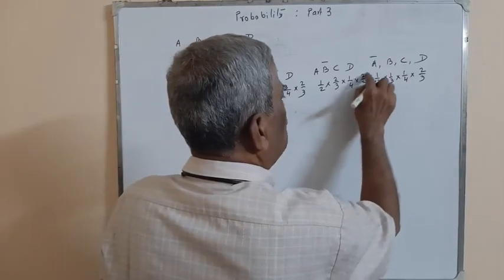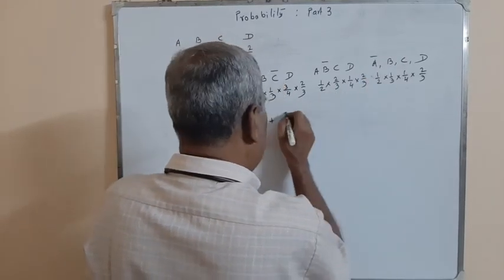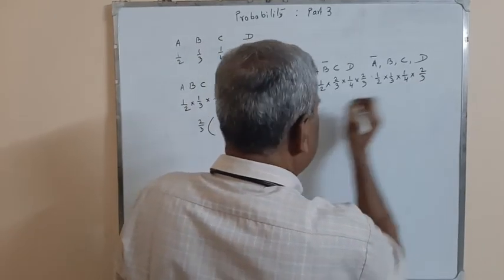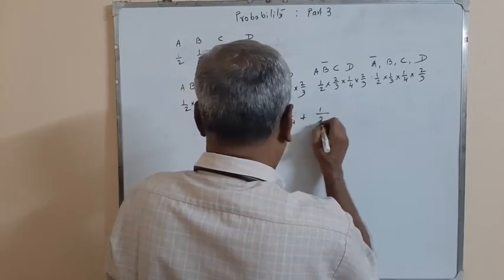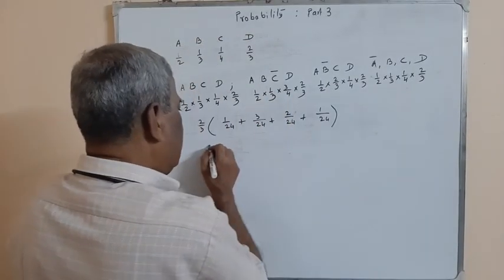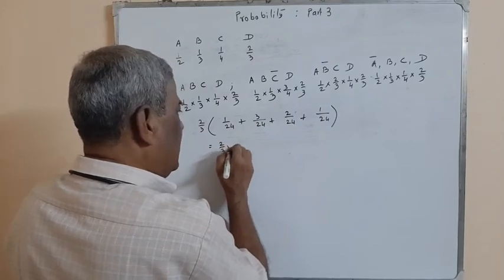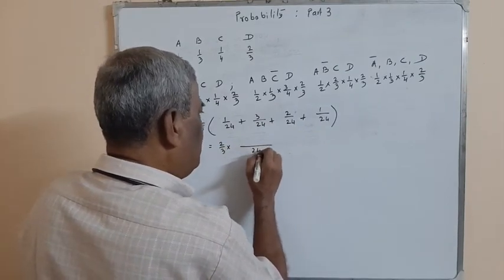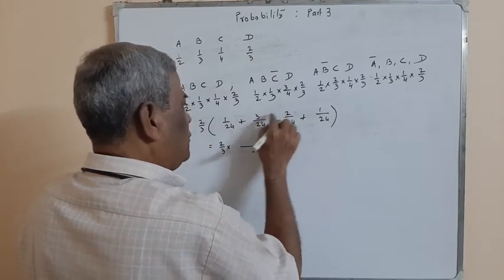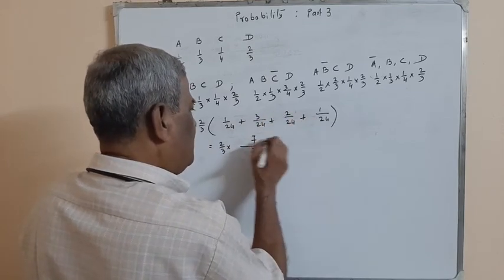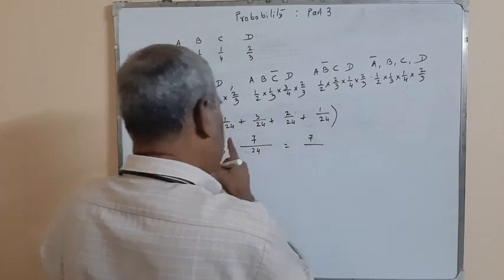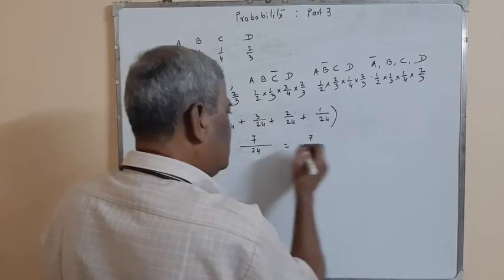This is 2 by 3 into 2 by 24 plus. In that case, it is 1 by 24 multiplied by 2 by 3. So that it is equal to 2 by 3 into 24. 1, 4, 6, 7. That is, it is equal to 7 by 36.